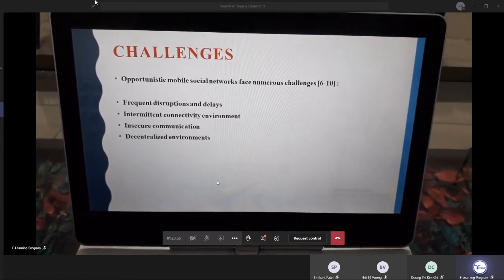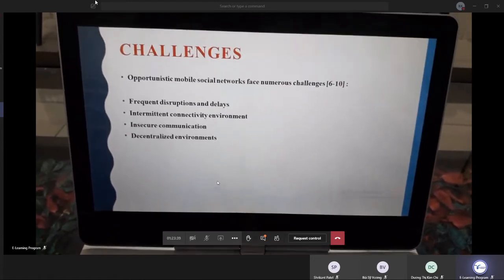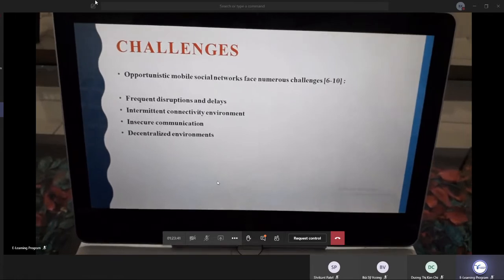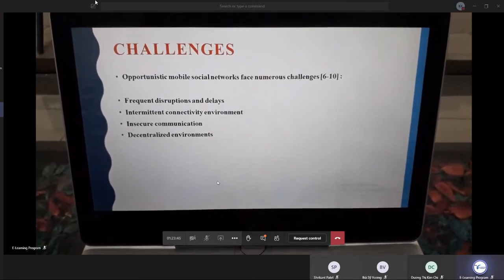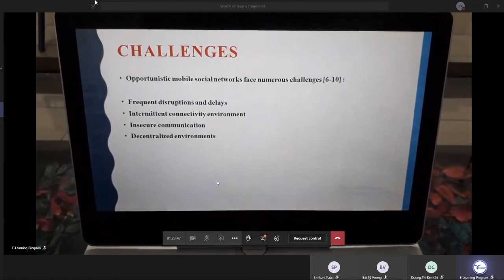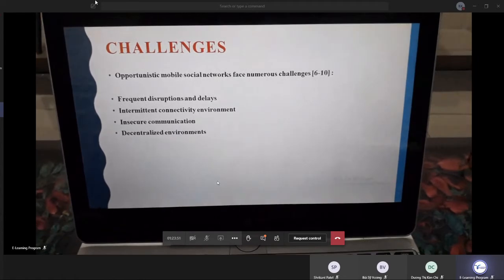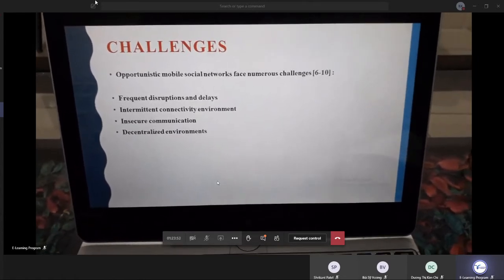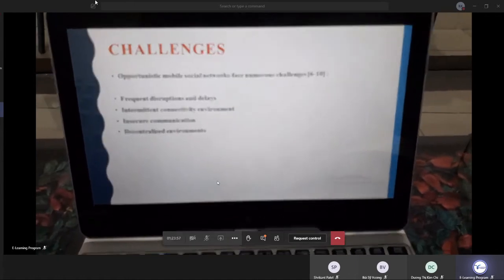A disconnected or intermittent connectivity environment is there when providing routing in opportunistic network. There are very frequent disruptions and delays while providing communication or transferring messages from source to destination.